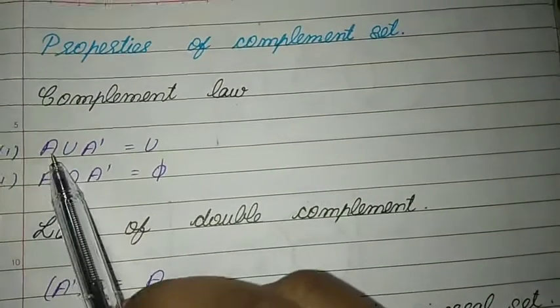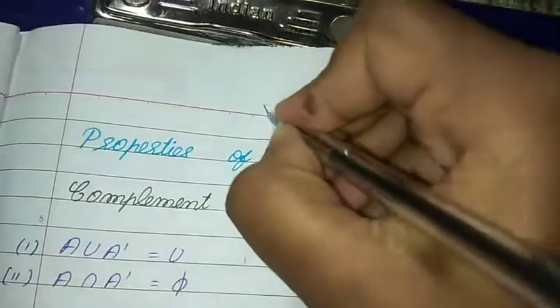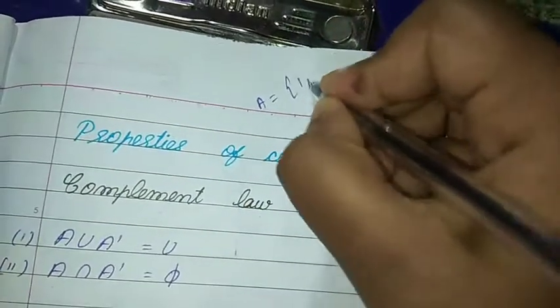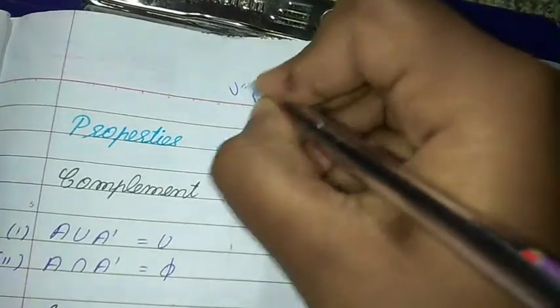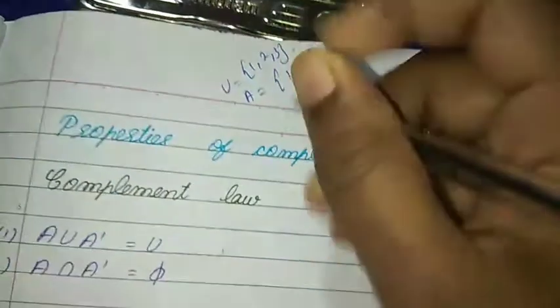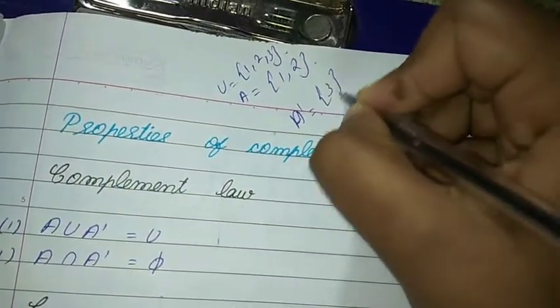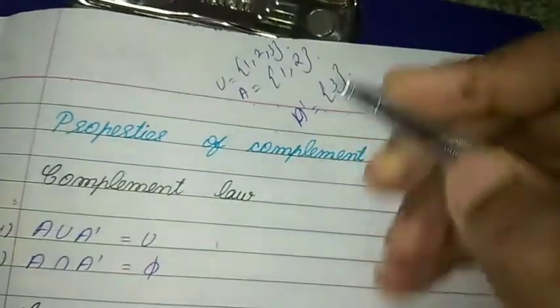A union A dash is equal to U. It means, say A is equal to 1, 2 and U is equal to 1, 2, 3. Now A dash will be 3 alone. I think it will be clear from the previous topic.